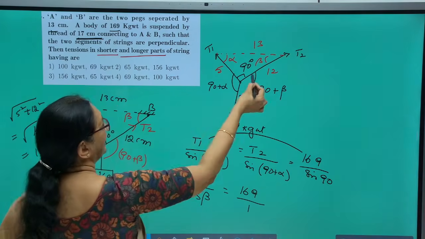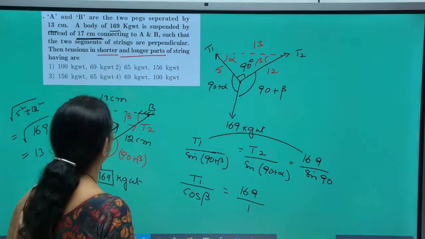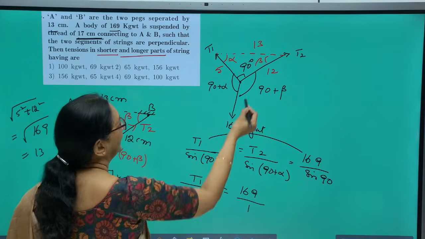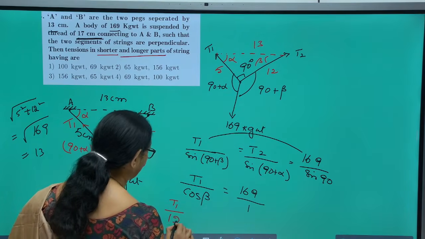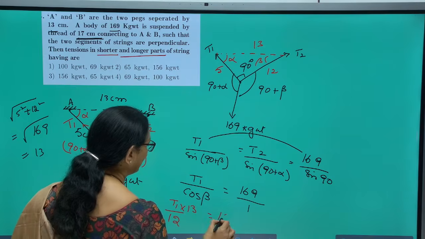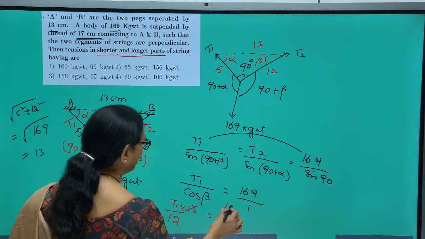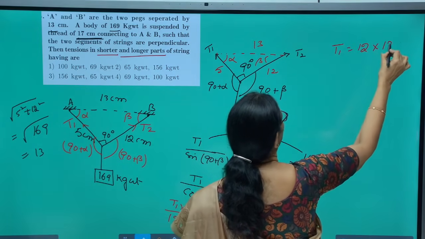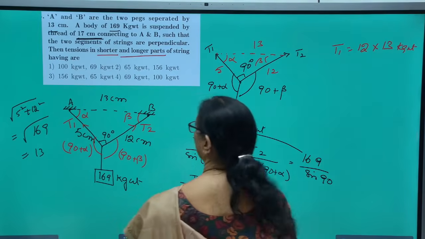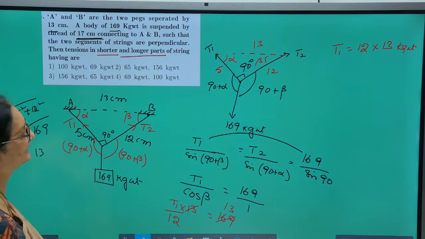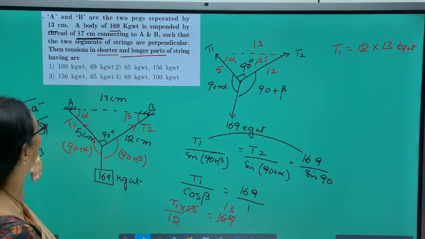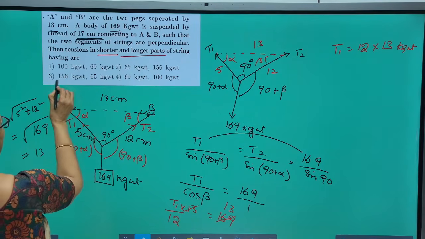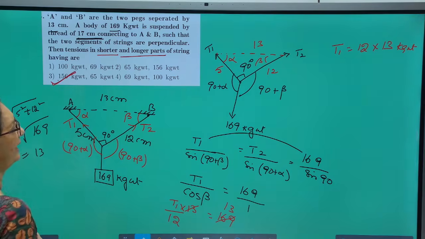Cos beta is adjacent by hypotenuse, so T1 by 12 by 13 is equal to 169. From that, T1 is equal to 12 into 13 kg weight. 12 13s are 156, so T1 is 156 kg weight. This is going to be the answer.